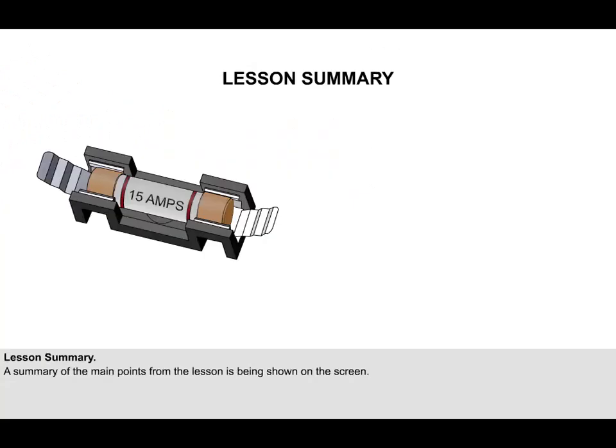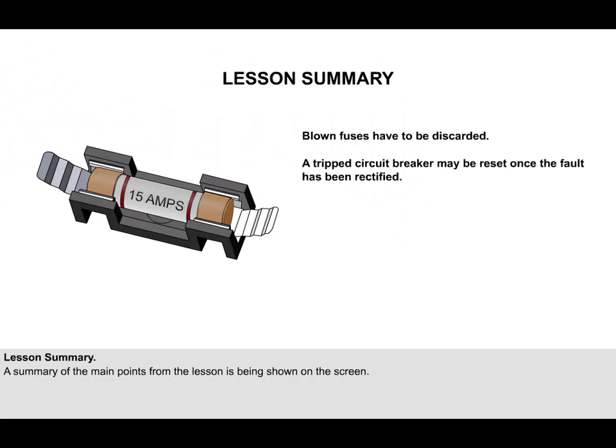That is the end of this introductory lesson on circuit protection devices. Here are the main points you should take from the lesson. Blown fuses have to be discarded, but a tripped circuit breaker may be reset once the fault has been rectified.